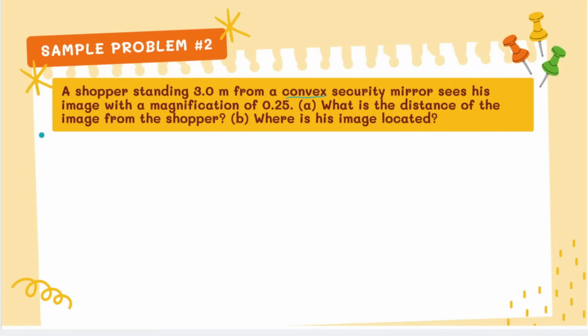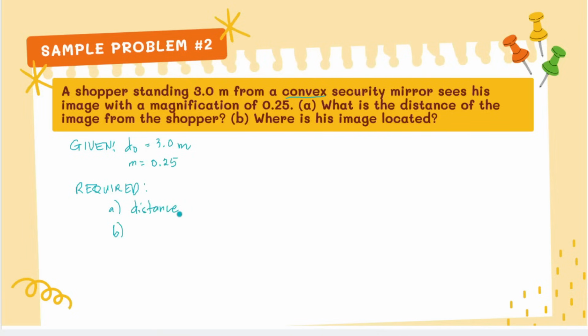Okay, so let's identify first the given quantities. So the shopper is standing 3.0 meters from a convex mirror. So therefore, the distance of the object, which is our shopper, is 3 meters. And the magnification is 0.25. So we are looking for the distance of the image from the shopper.